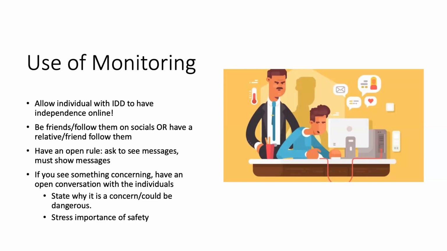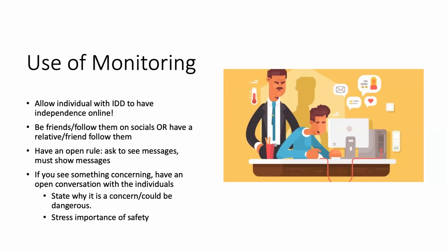But I have seen a few things that throw that for a loop. I've had a few that I've worked with that have created fake accounts where the dangerous things happen, but when they show it to their parents or their family, they get on their real account. So they hide what's happening between other profiles. And then I've also seen it where they delete things before they show it to them.